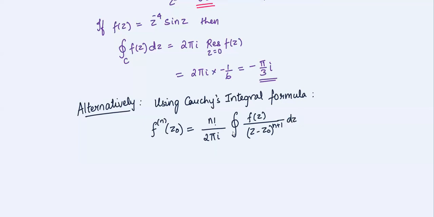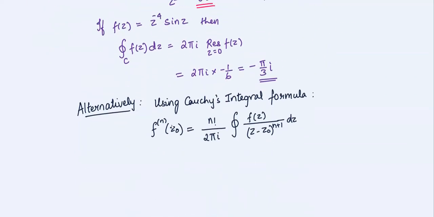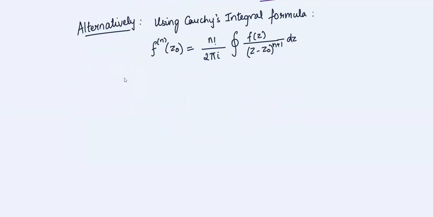Now this is sine z by z power 4. So let f of z be sine z and z naught equal to 0, and for n equal to 3, you have to do.